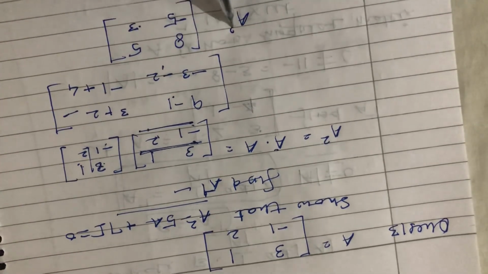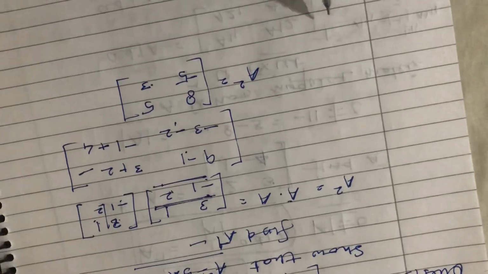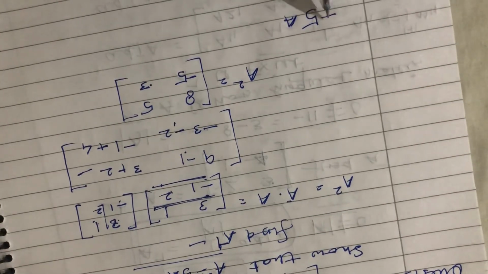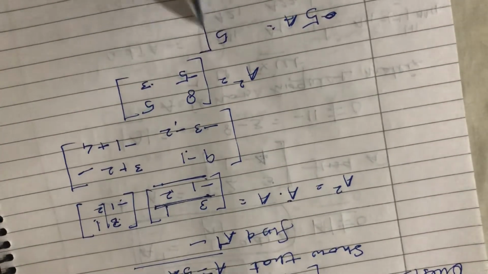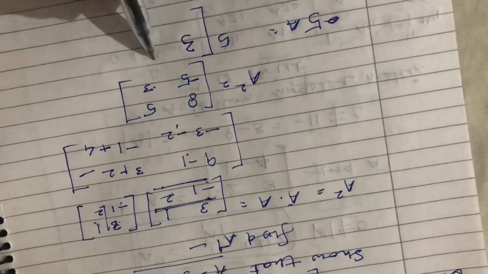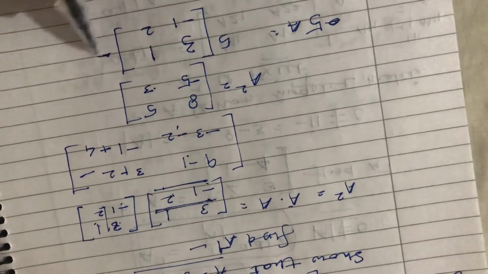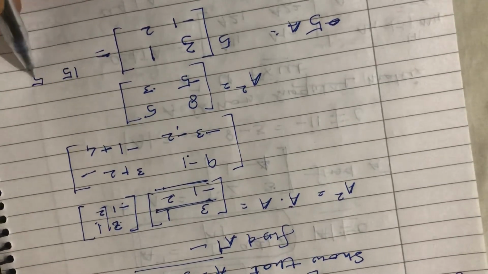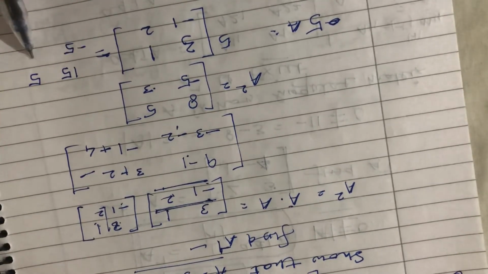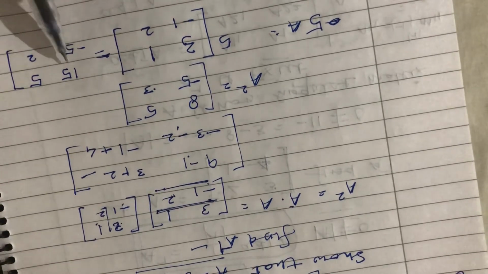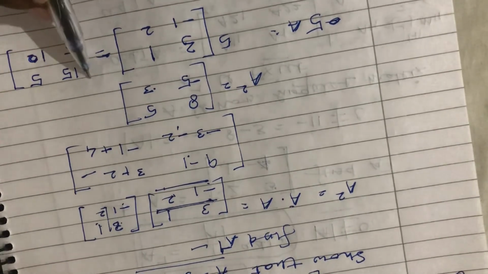This is A square. Then find minus of 5A, or you can say 5A. 5 into the given matrix, it is 3, 1, minus 1 and 2. Multiply element to element, it is 15 and 5, minus 5 and 2 fives that it is 10.